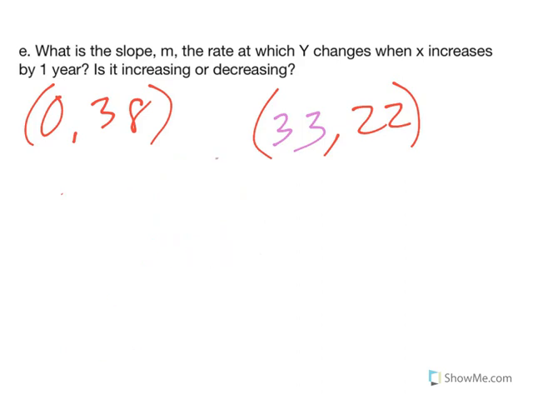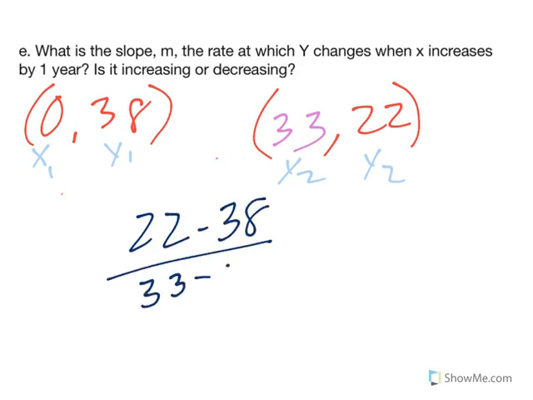And now I can find the slope. If I'm going to use x1, y1, x2, y2, remember, y2 minus y1 over x2 minus x1. And I get negative 16 over 33. Unfortunately, the question says when x increases by 1 year, so we want 1 to be in the denominator, not 33.